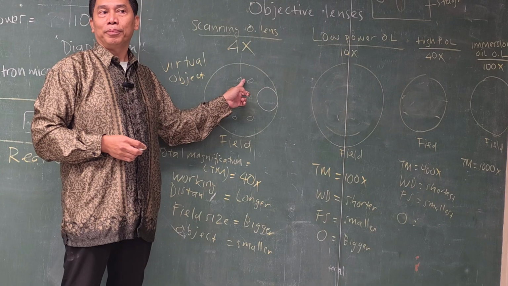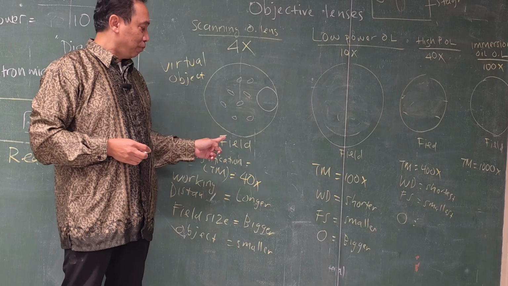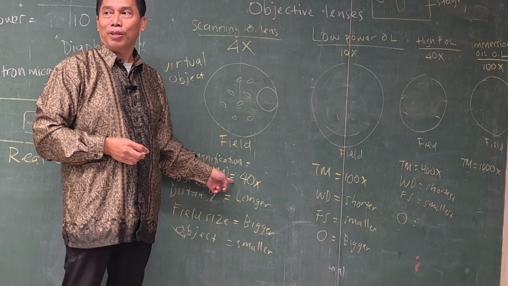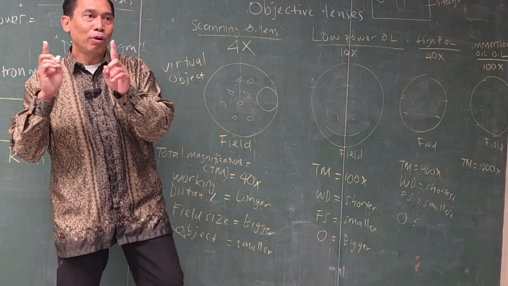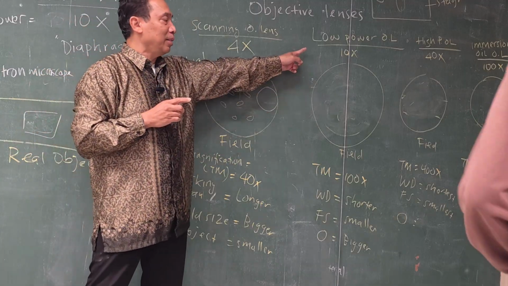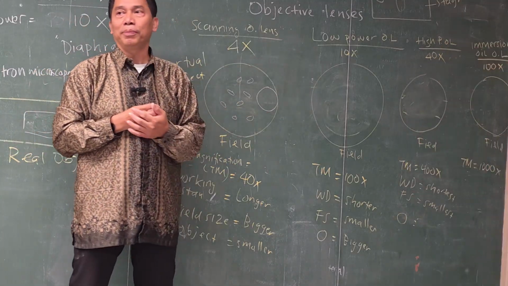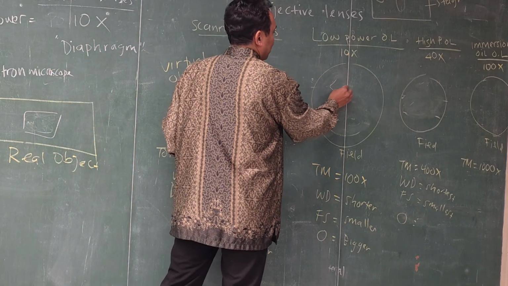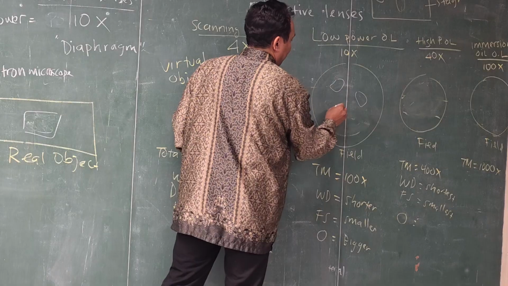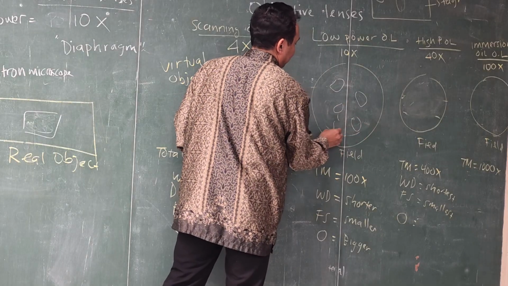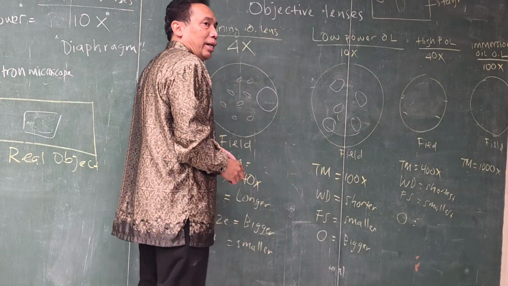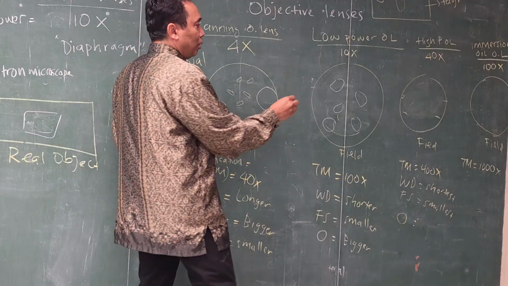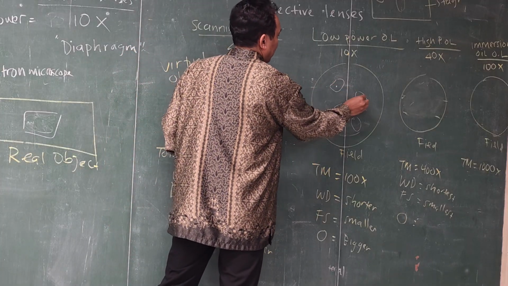Got it? This is 40 times, still small. Then move to the higher magnification, low power. Then you should be able to see that the cell is bigger now. Maybe you're going to see some of them, and then you should also be able to see a dot in the middle.